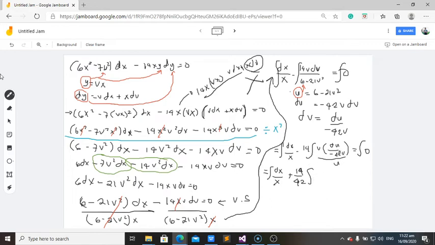Tapos, kining v na to, we have v here and our v here to be cancelled. So, from there, you have what remains is du. Ang 42 na to na move outside na nato over u, which is equal to integral of 0.